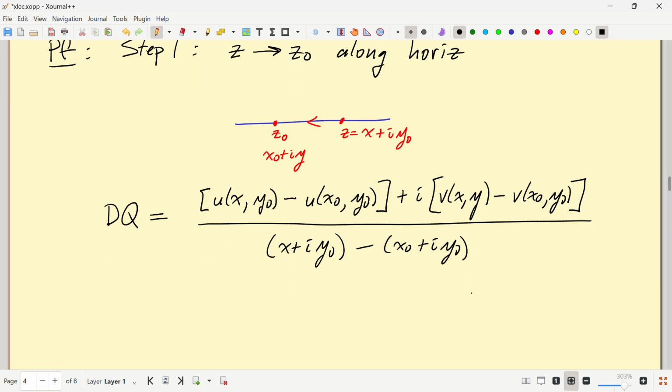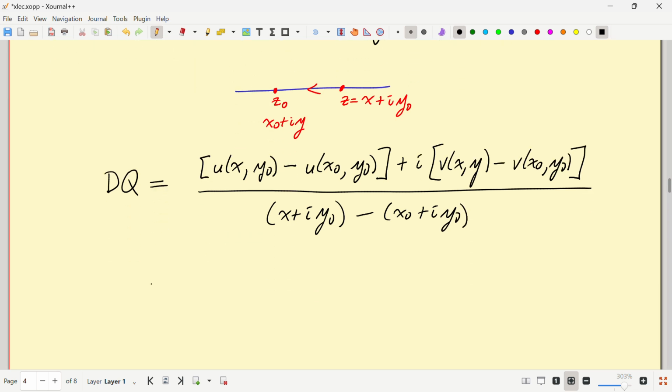When you clean that up, you get u minus u naught over x minus x naught. The imaginary part cancels in the bottom. And then I get plus i times v minus v naught over x minus x naught.